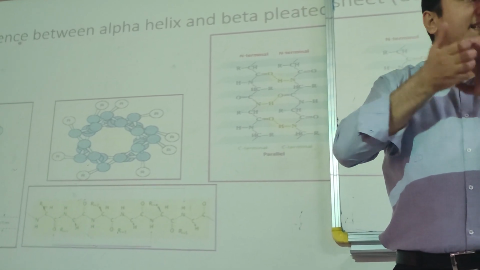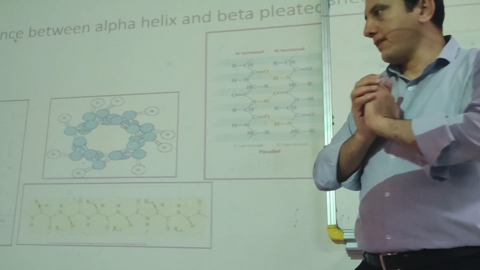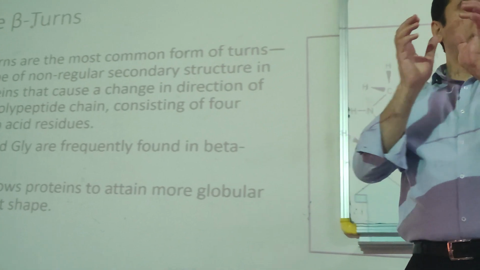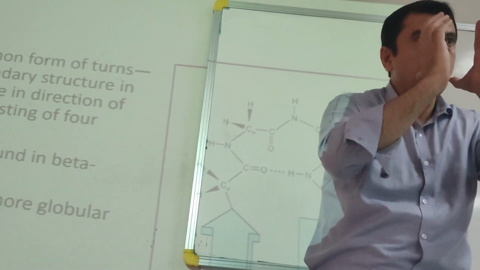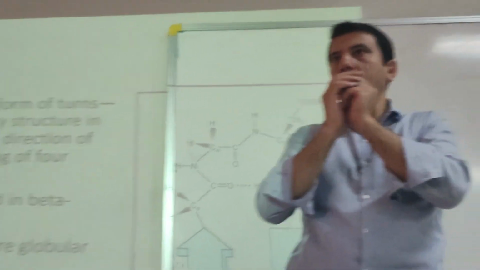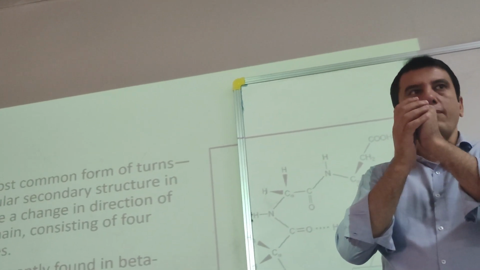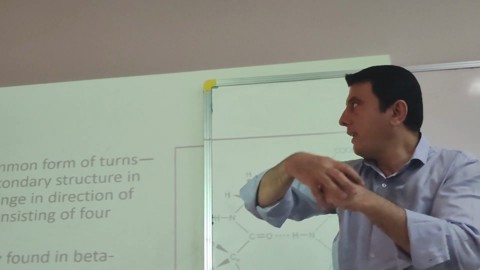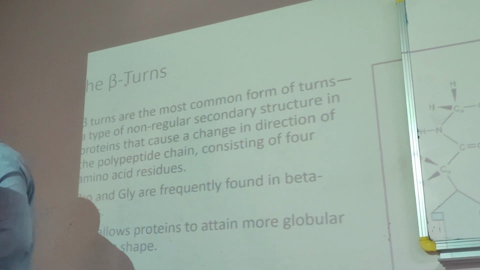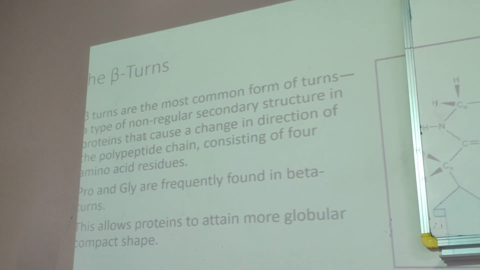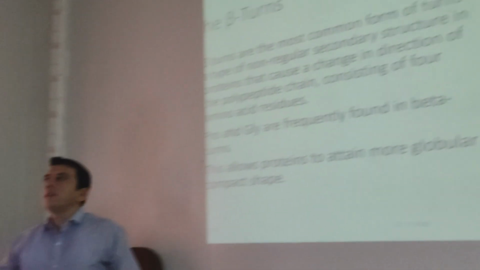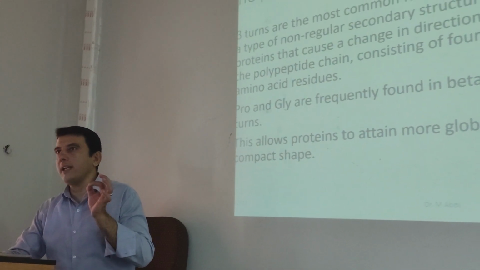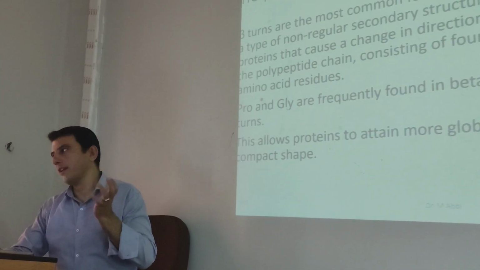The joining structure, the beta turn, will happen when we have two beta sheets and want to join them to each other, like a glue. We need beta turns to join those beta sheet structures. The point is, what are the main amino acids in beta turn? Proline, glycine.